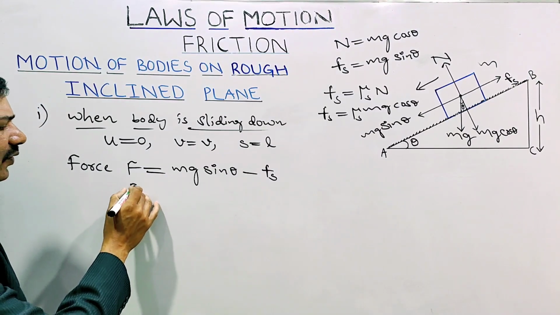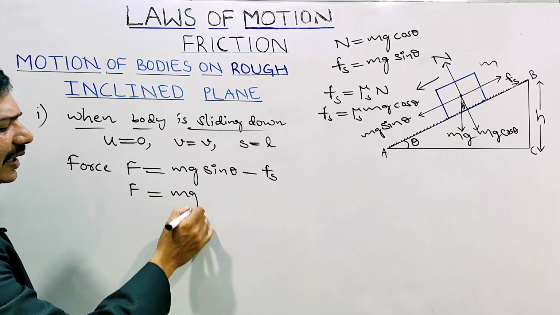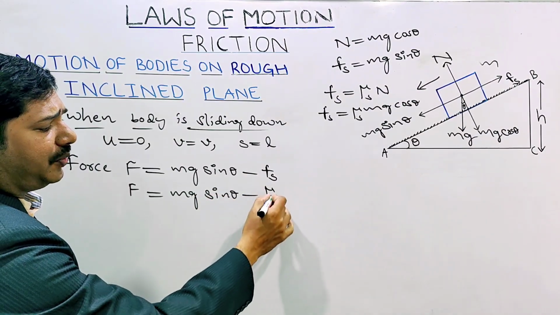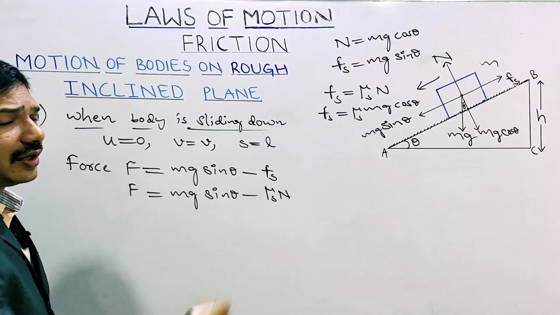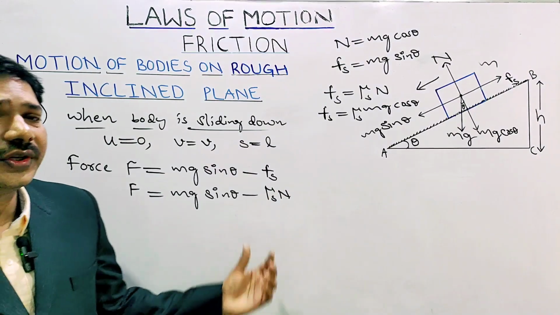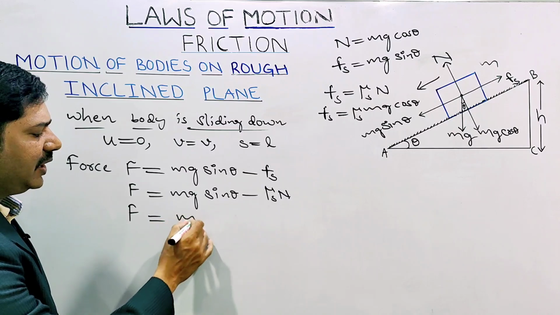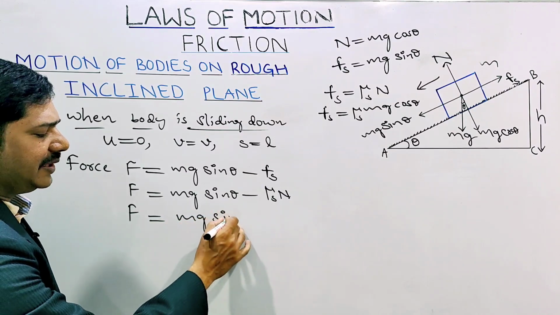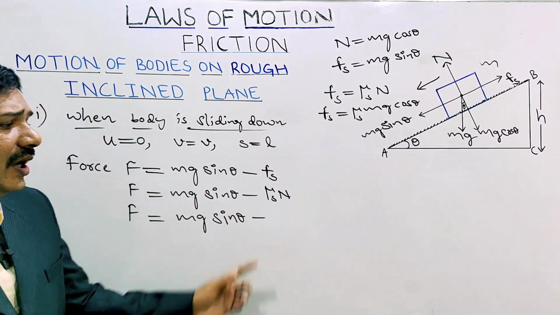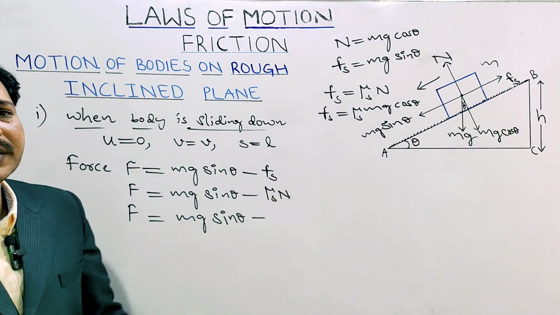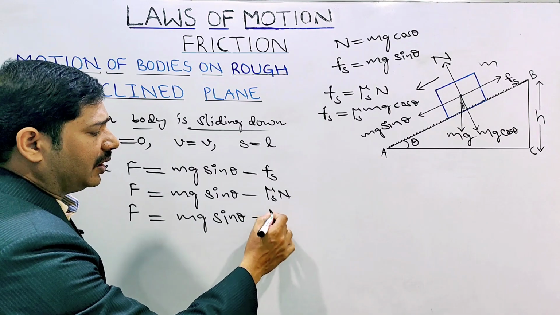Here F is equal to mg sin theta minus Fs. We know that Fs is what? Frictional force formula is mu s into N, coefficient of friction into normal reaction. So F is equal to mg sin theta minus mu s N. Normal is how much?